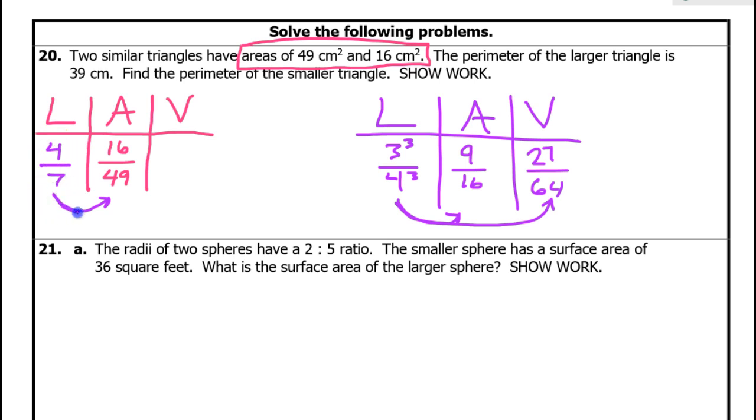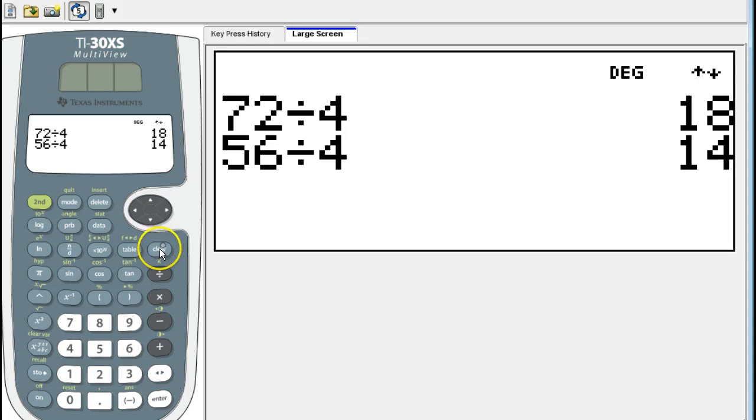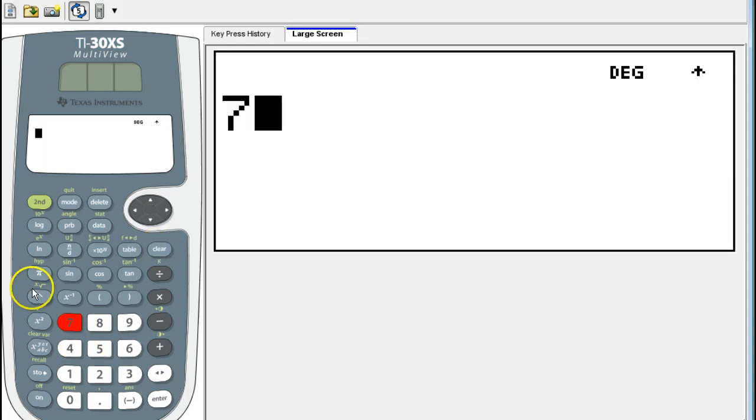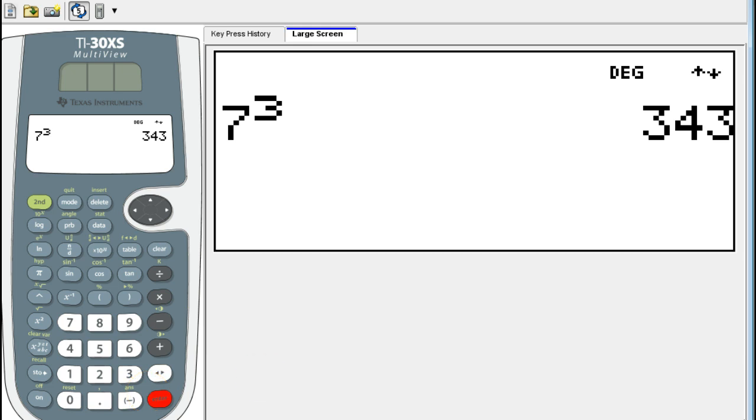Now that I have the length scale factor, I can also use it to find the volume scale factor. If I cube these two numbers, that will give me the volume scale factor. I know 4 cubed is 64. 7 cubed, I'm not 100% sure off the top of my head, so I'm going to check it. 343.